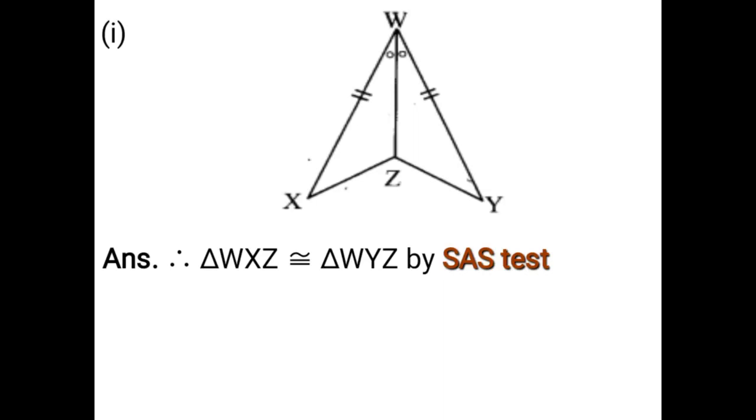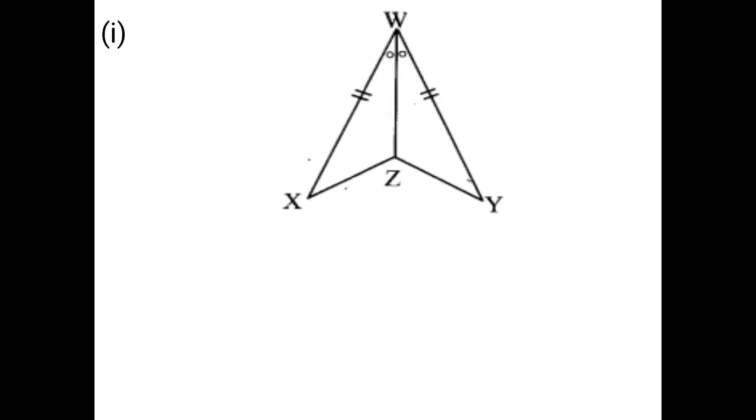Now we will do the second method. The second method is very simple and very short. It is the direct method. Of this figure, the triangles are divided into two equal parts, that is triangle WXZ and triangle WYZ. In triangle WXZ and triangle WYZ, side WX is congruent to side WY.